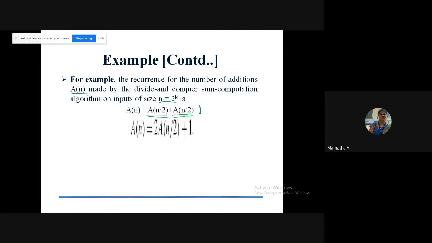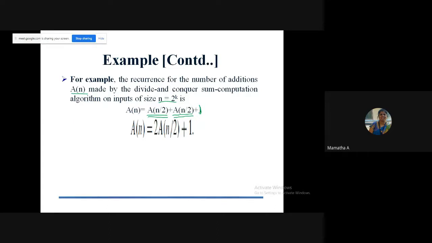Now, I can write this as A of n is equal to 2 times A of n by 2 plus 1. If I give this recurrence relation, you will have to solve it, and you will get some answer.